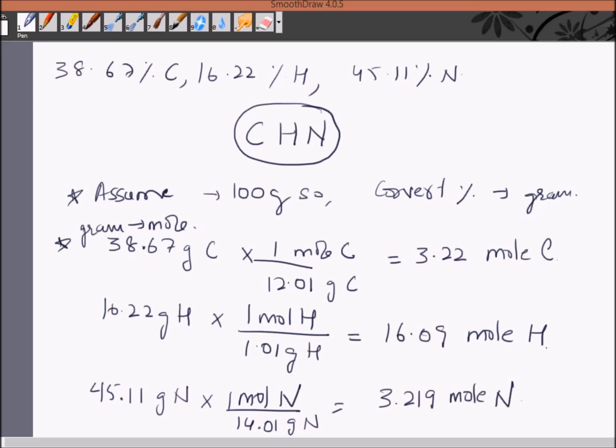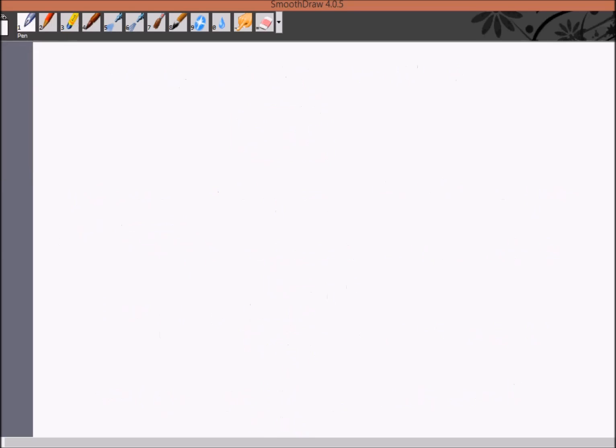So now what do we get? We get 3 numbers. First 3.220 moles of carbon. Then we get 16.09 moles of hydrogen.